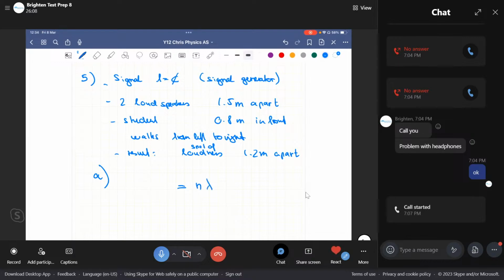The path of each wave from the source to the point where they meet, and then find the difference. Okay. Let me see.